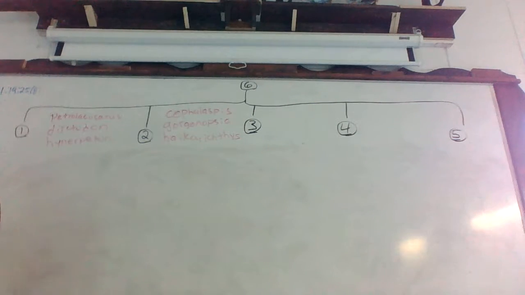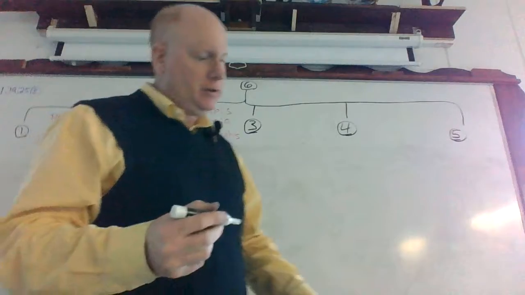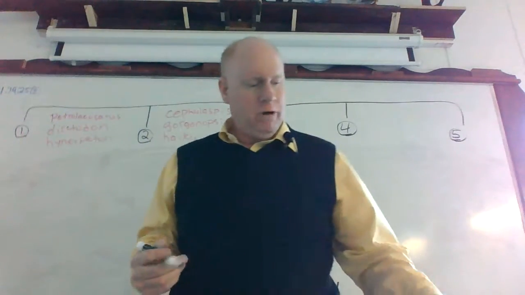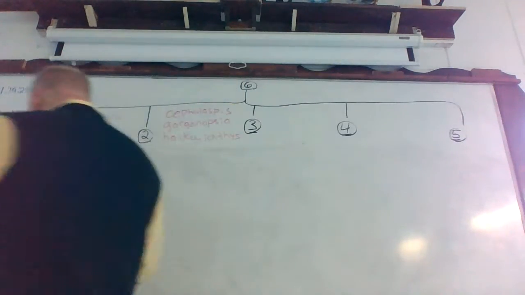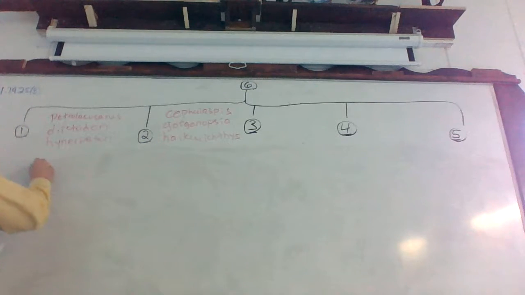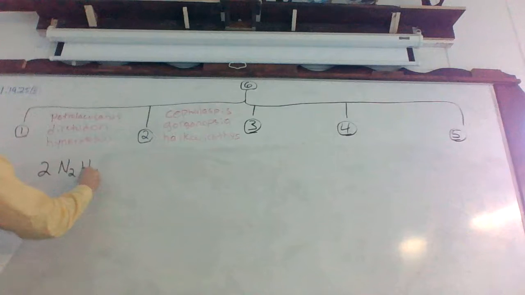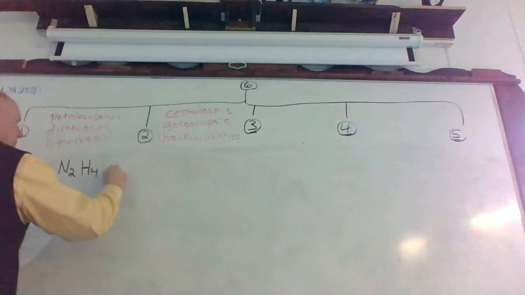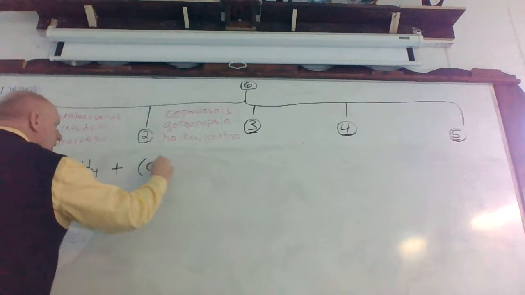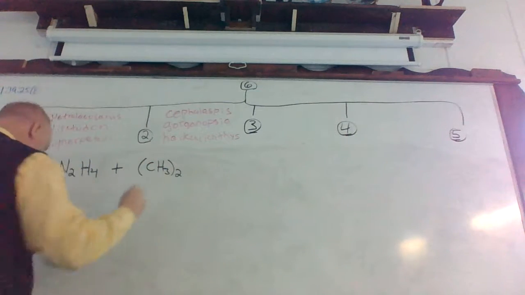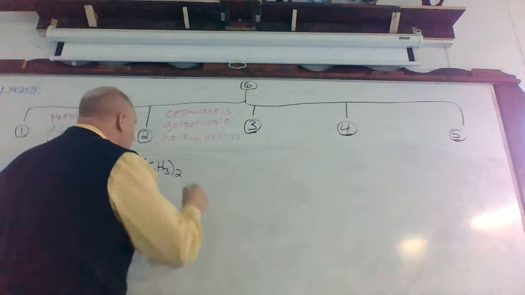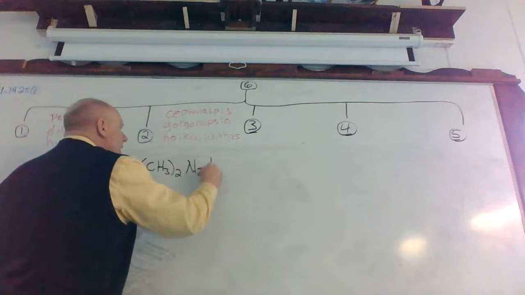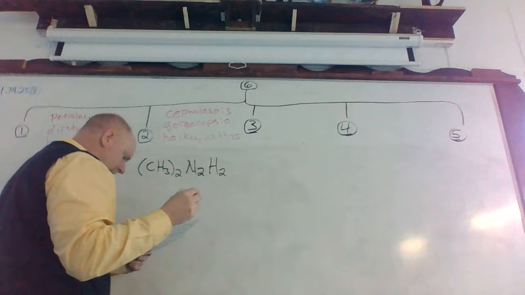Fair enough. So what we see happening then, we've got our balanced chemical reaction of 2N2H4, and we've got plus CH3(2)N2H2.